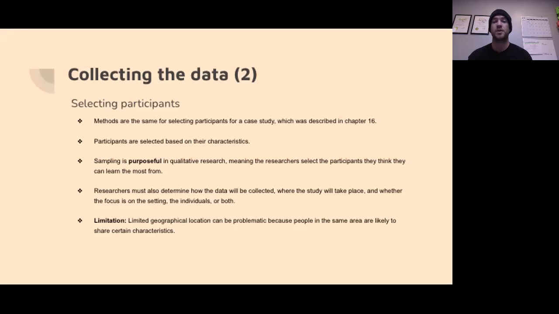The researchers must also determine how the data will be collected, where the study will take place, and whether the focus is on the setting, the individuals, or both. A limitation to purposeful sampling is that people in the same area or with certain inclusion criteria are likely to share certain characteristics.